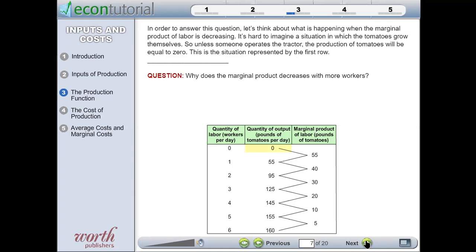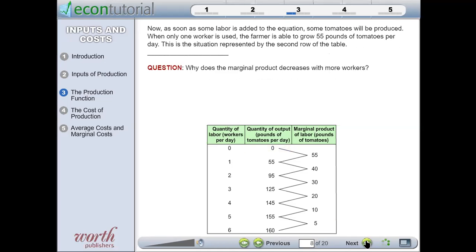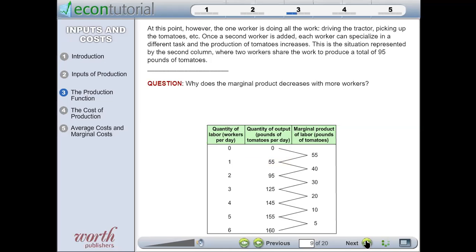This is the situation represented by the first row, that you have zero workers and you have zero production. But as soon as you have some laborer working in the farm, some production will happen. And because it is the very first laborer, they will be devoting all the time to the production, and there will be 55 pounds of tomatoes, right?